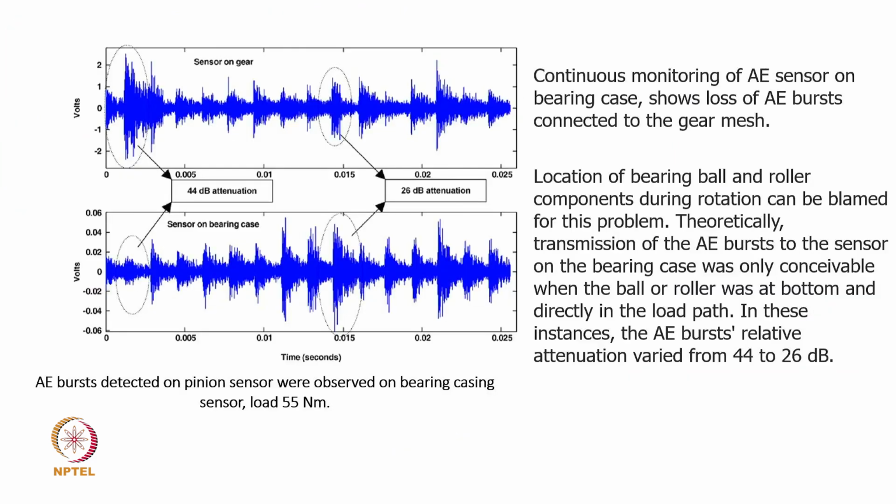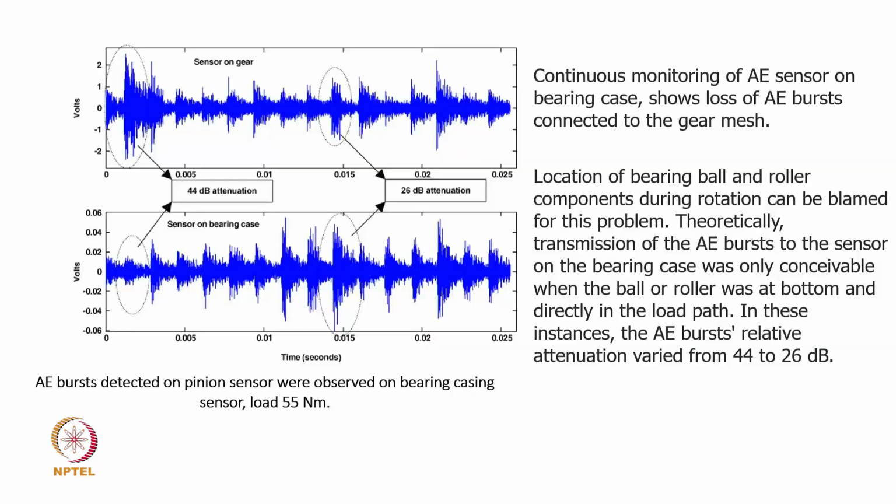Now, to compare both the sensors, one sensor was mounted on the bearing casing, and another was mounted on the gear sleeve. They are able to show that there is a huge attenuation.